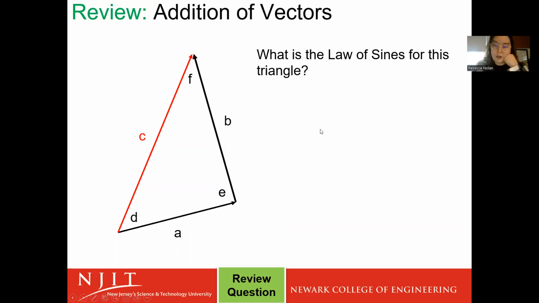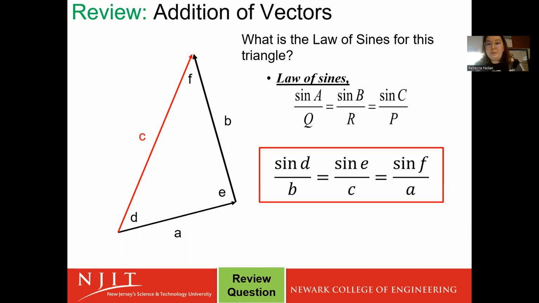What is the law of sines for this triangle? So the law of sines is either going to be the magnitude over the sine of the opposite angle. Law of sines is a proportion, right? So for a triangle, there's going to be 3 terms or 3 parts to the equation. If we flip everything, it doesn't matter as long as we're consistent.